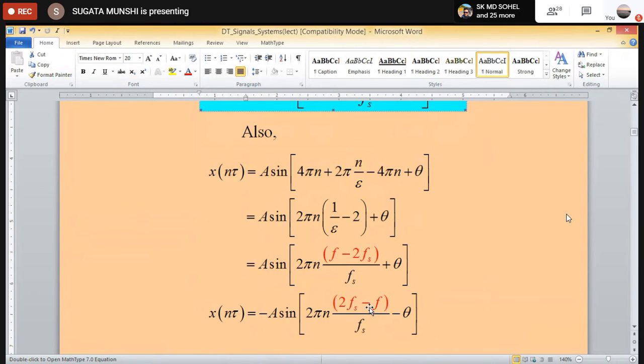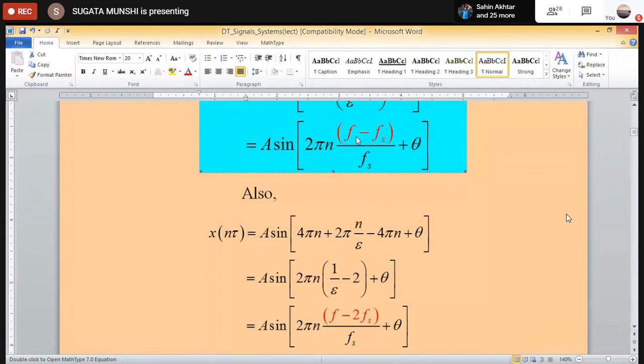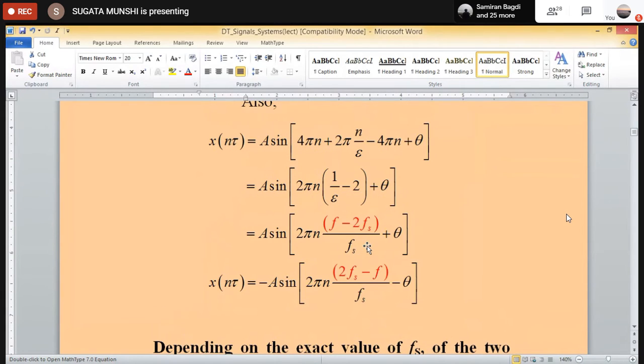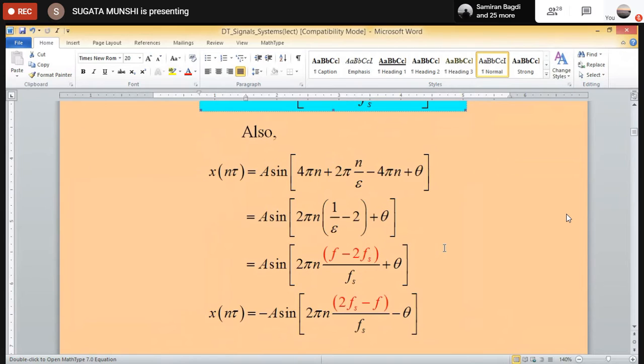So if you want to fit the samples into an analog sinusoid, the analog sinusoid that you will get will be one having a frequency either F − Fs or 2Fs − F, whichever is smaller. Because the smallest possible frequency will be the frequency of the analog sinusoid that you will get back from the samples.